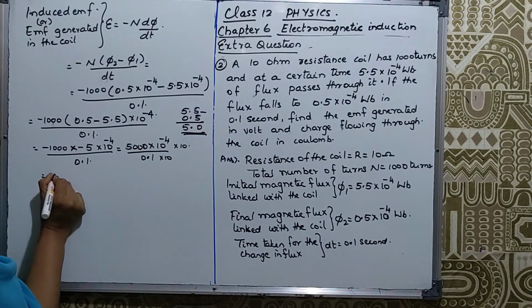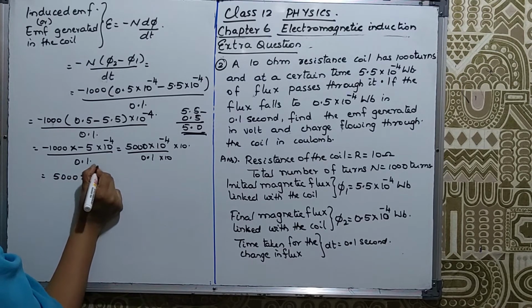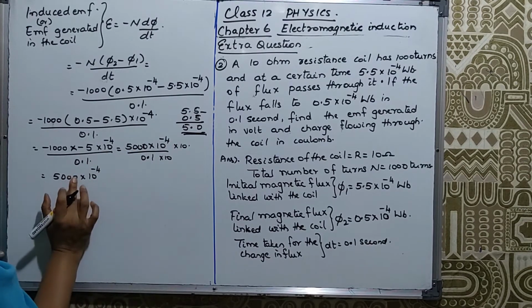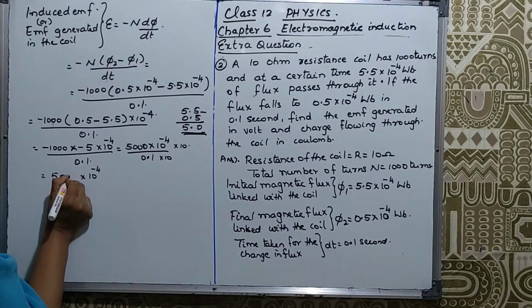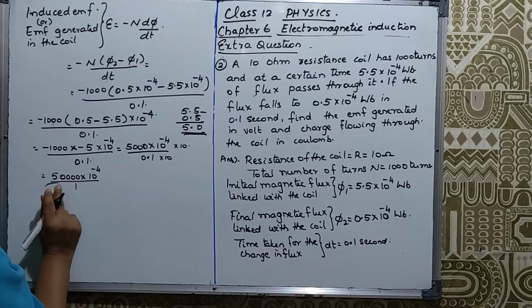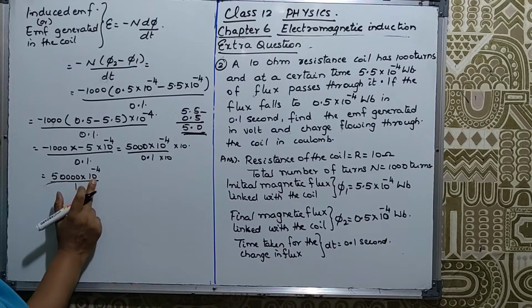So, it will be 5000 into 10, that is 50,000, 5 with 4 zeros. 10 raised to minus 4 means divided by 4 zeros.